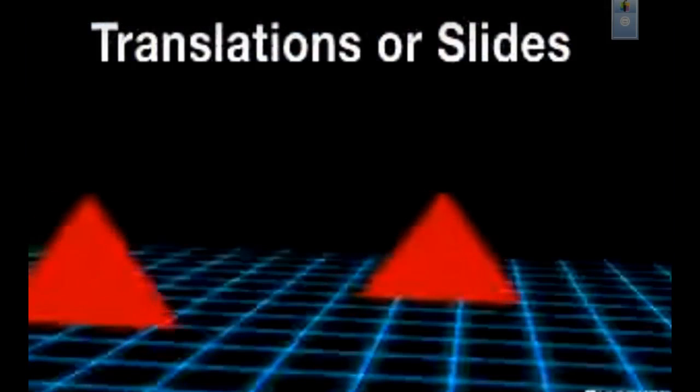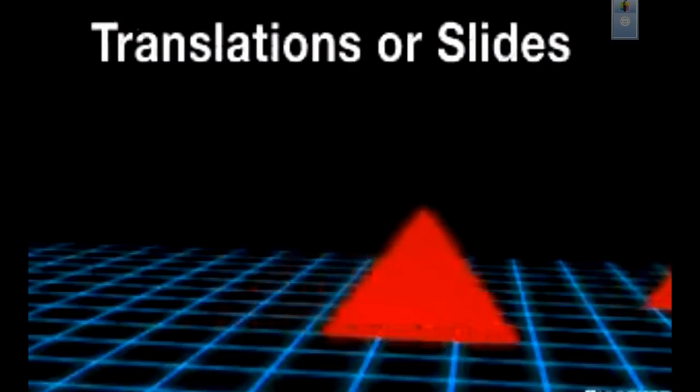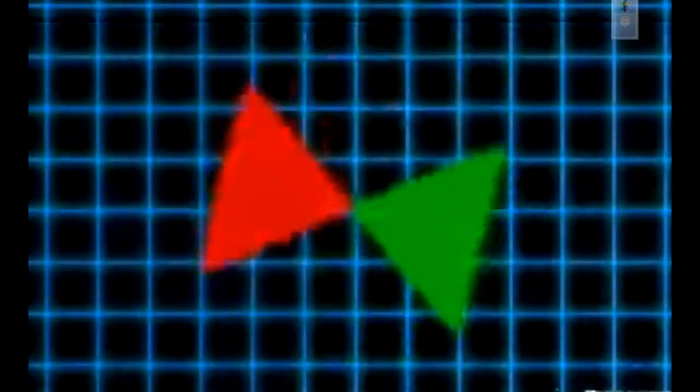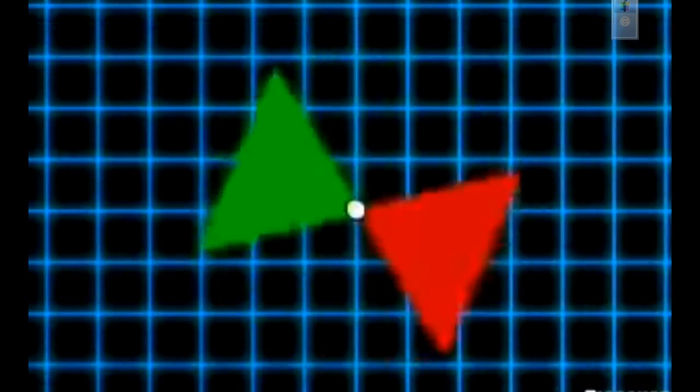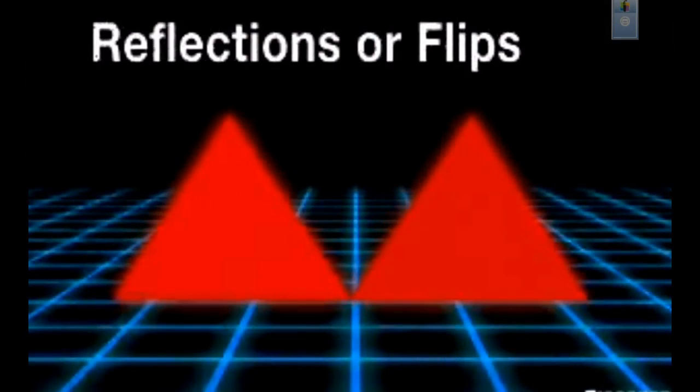They transform geometric shapes using translations, or slides, moving a shape from one location to another without changing its orientation, size, or shape. Rotations, or turns, making the figure rotate about a single point or axis along a circle. And reflections, or flips, reflecting one shape to the other side to produce its mirror image.